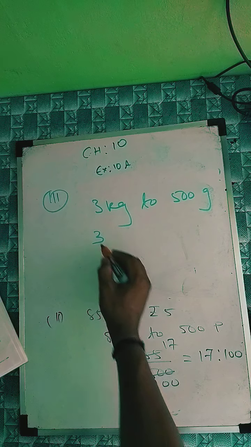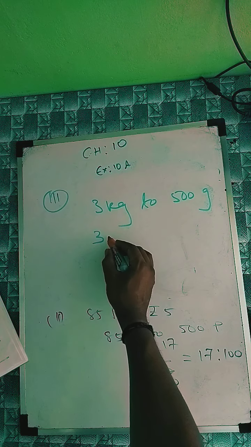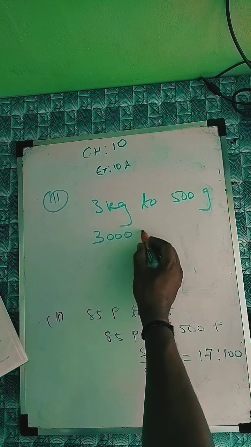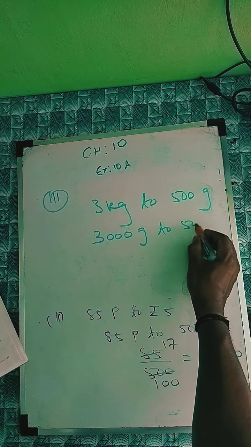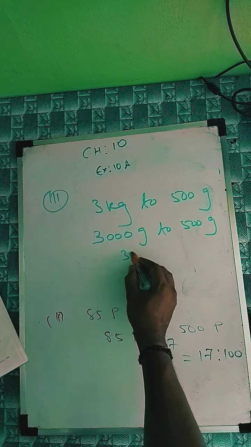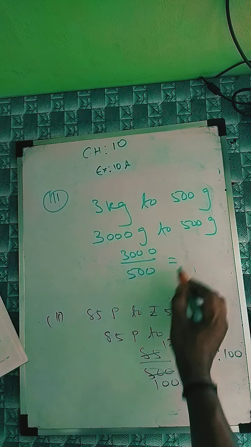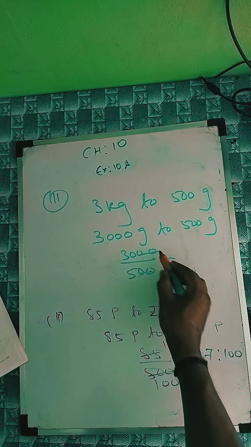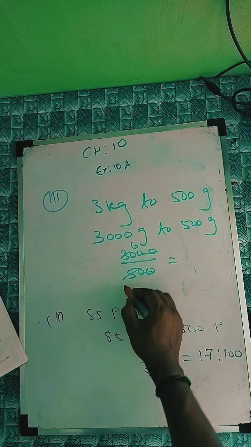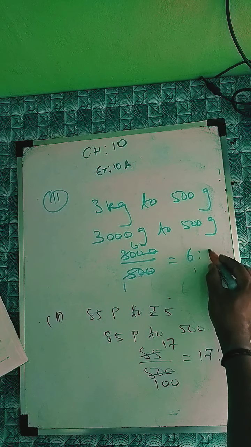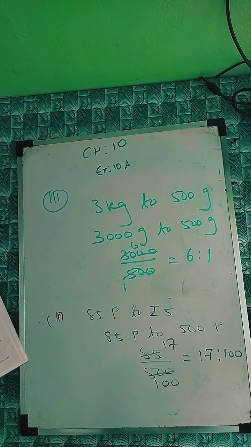So 1 kg is 1000 grams. So 3 kg means we can say here 3000 gram to 500 gram. So we can say 3000 divided by 500. If we cut it here, 2 zeros cancel, 5 6s are 30, so the answer is 6 is to 1. Okay, so that's over. The remaining you try yourself.